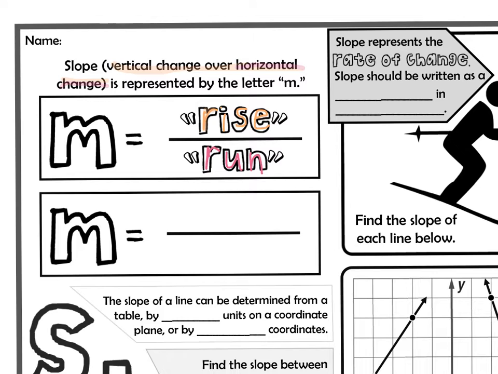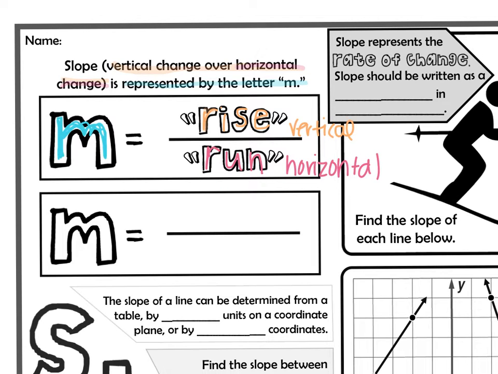And when we were looking at this, the rise was our vertical side of the triangle, and the run was the horizontal side of the triangle. And then later in this unit, you will need to know that slope is represented by the letter M, that will make more sense later on.